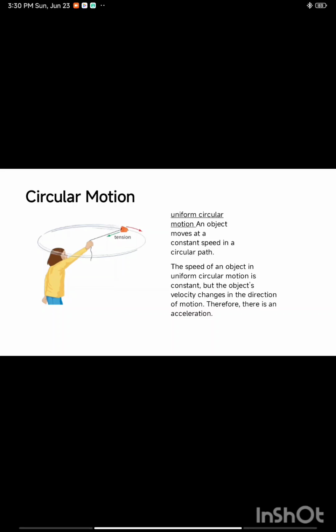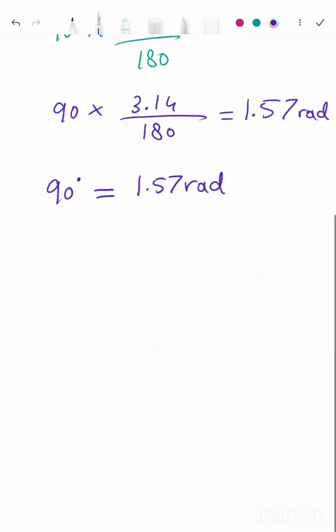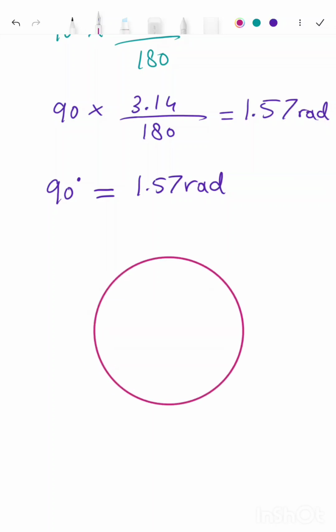Now let me explain it to you. Let's suppose the object is moving in this circular path like this. If the object is at this position, the direction of its velocity is in this direction, because velocity is always tangent to the circle.